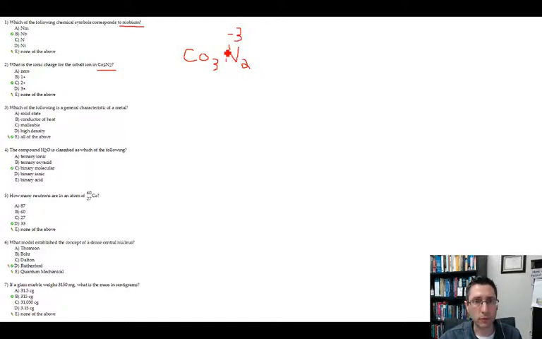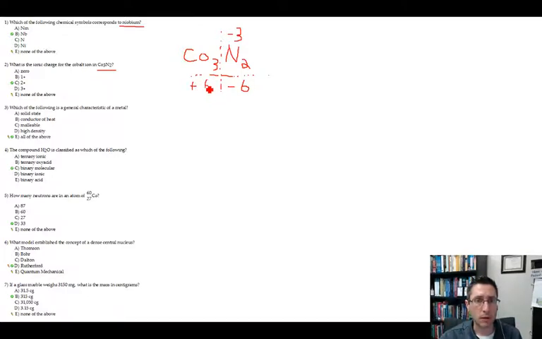Which means overall, this is sort of how we did it in class, setting up this matrix here. -3 charge, there's 2 of them, so that's -6 total. And so that must be perfectly counteracted by the +6 from cobalt.